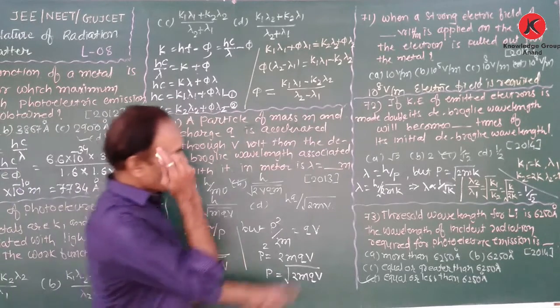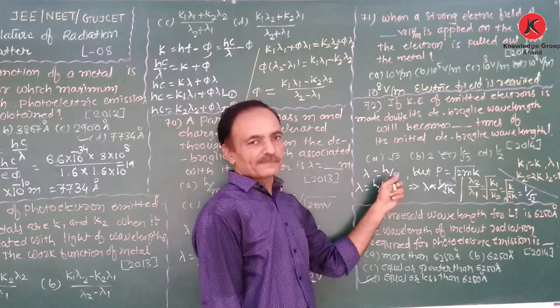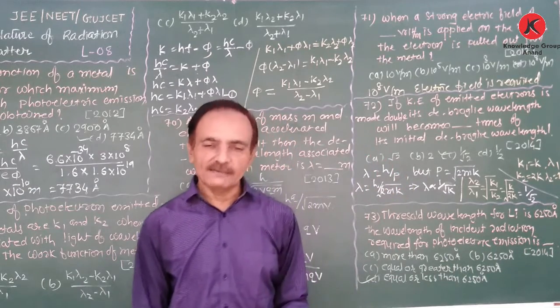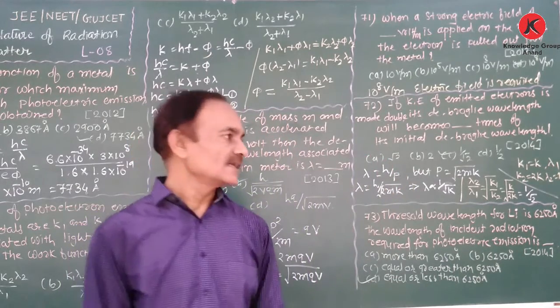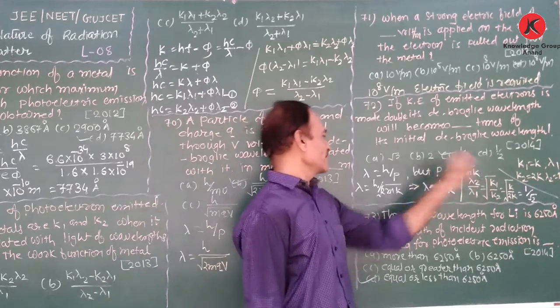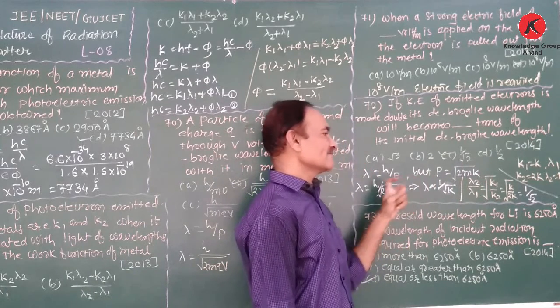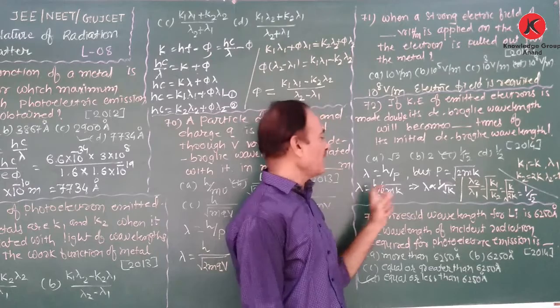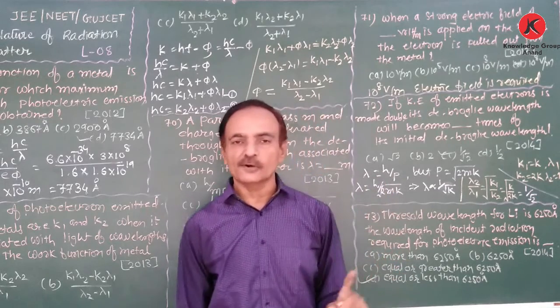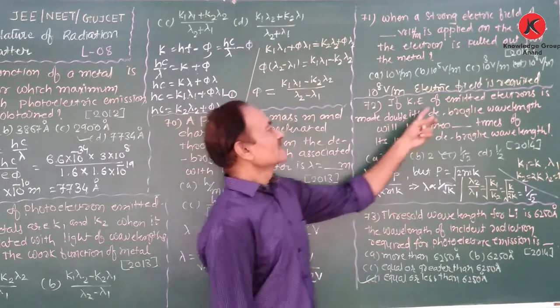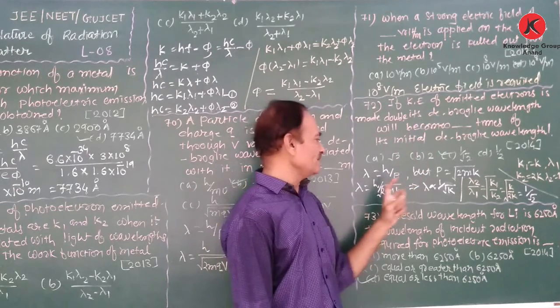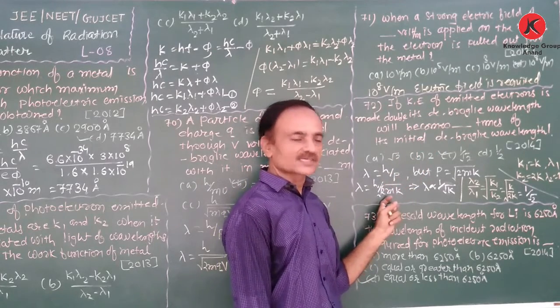Now again, the de Broglie wavelength lambda is equal to h upon p. But momentum in terms of the kinetic energy is under root of 2mK. So from this equation, the de Broglie wavelength lambda is equal to h upon under root of 2mK. Here the particle is the same, the electron is the same, therefore the mass of the electron is constant.